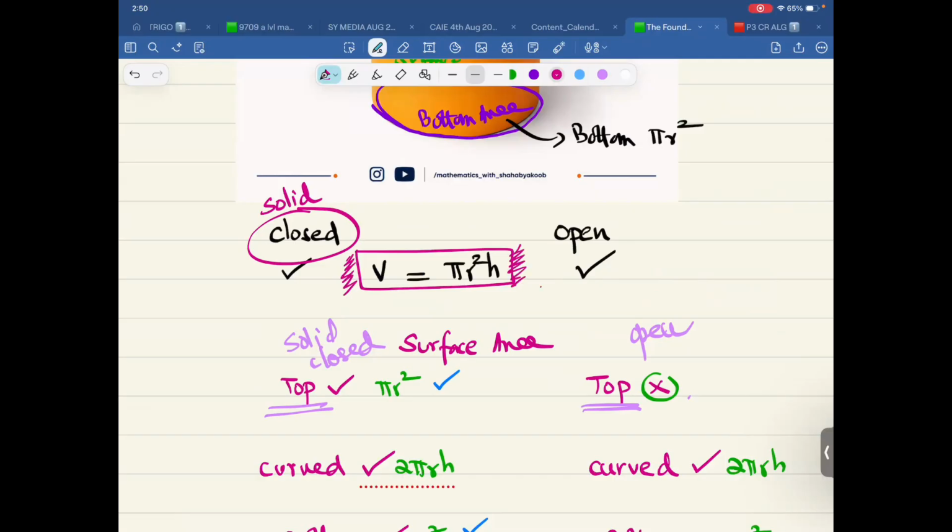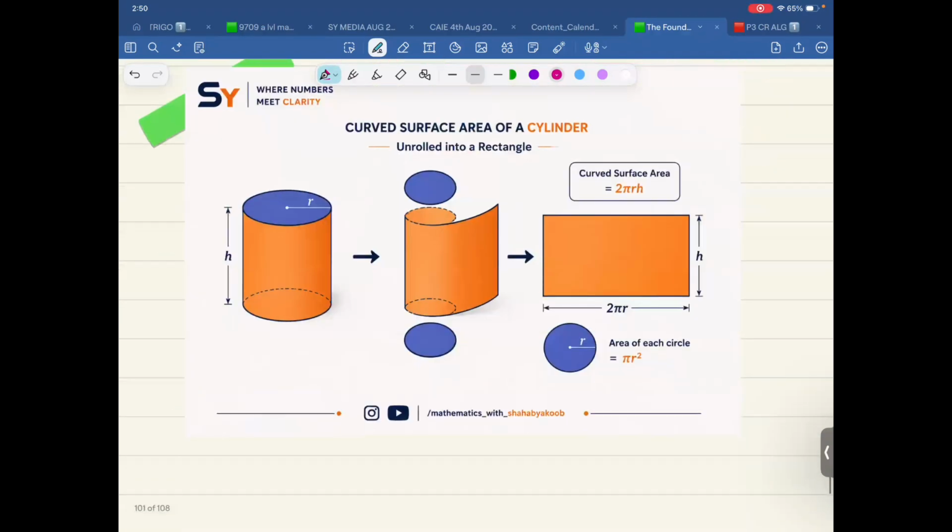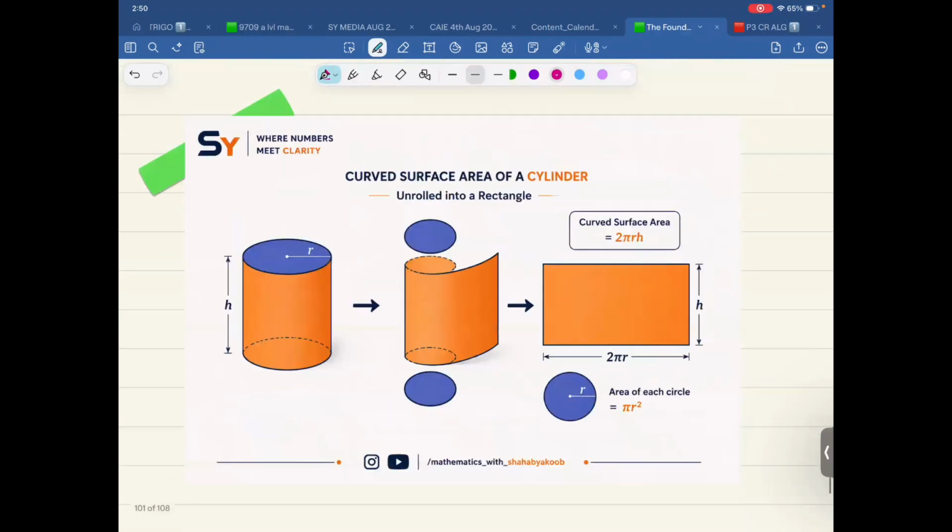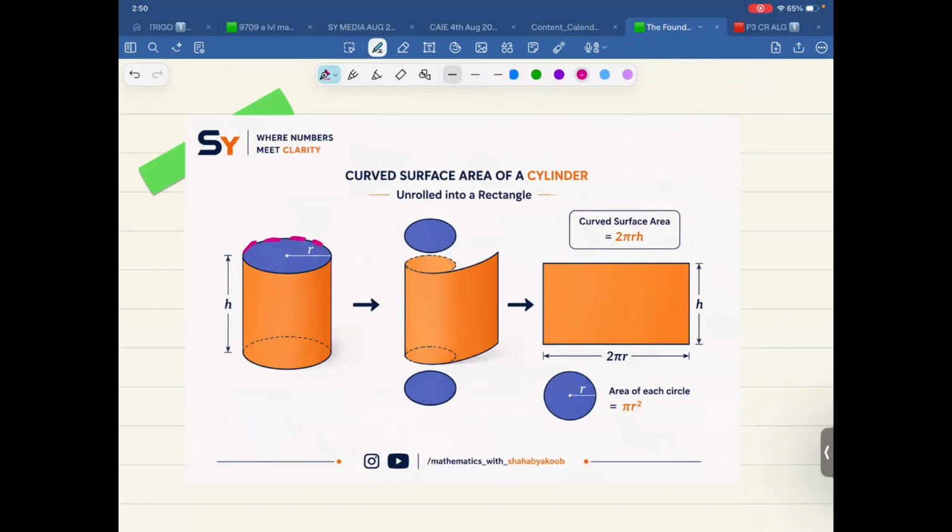So I also told you a bit about the cylinder. One other thing I want to tell you is that if I unroll the curved surface area, what happens? This thing over here, let me make it thicker, is the circumference of the circle.